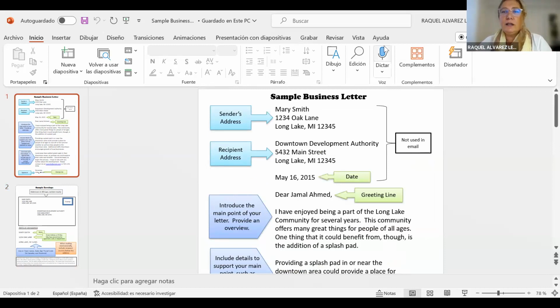Okay, so this is in order to talk about mails. So now we are going to watch a video where they talk about this kind of letters or mails.